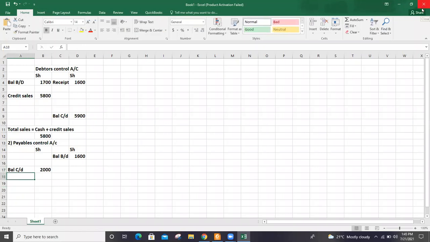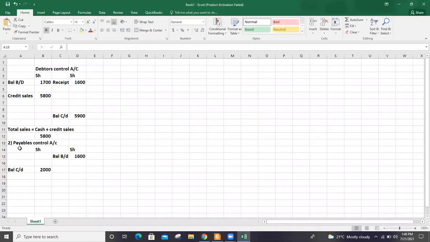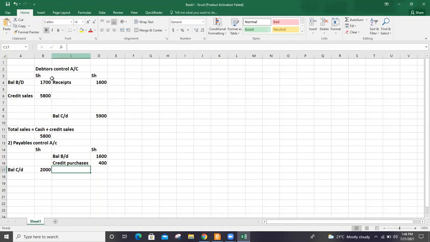Transactions during the year. The extracts of cash payments are about cash payments, so there's no information about credit payments. The balancing figure becomes the credit purchases. What is the balancing figure? 400.